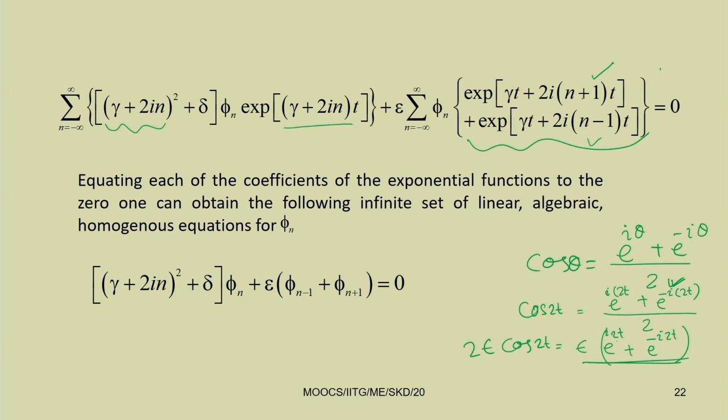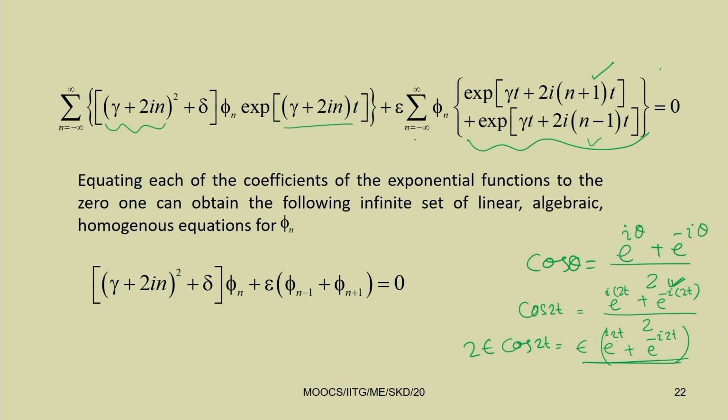Here we have a term n plus 1 and a term n minus 1, so we have to take a shifted term to have the same exponential form. If we take the mth term, then taking n equal to m minus 1 gives m minus 1 plus 1, which becomes m. Similarly, here we have to take n equal to m plus 1, so that this also gives rise to m. This way we have to choose the proper number to collect the coefficient of the exponential function.